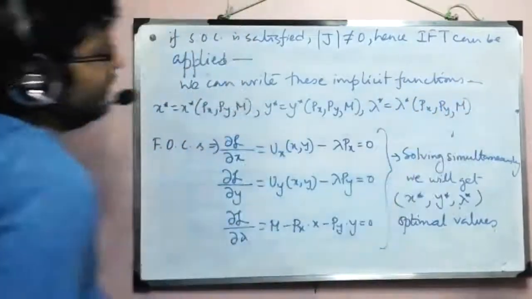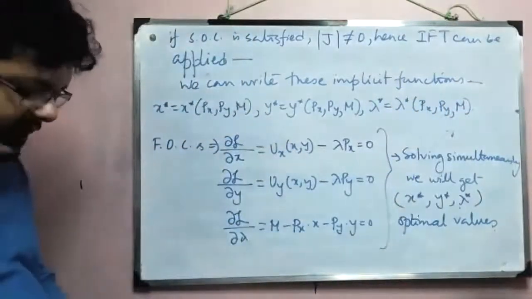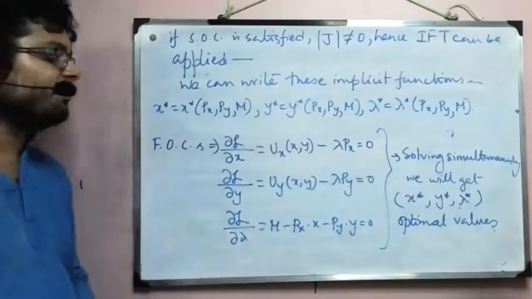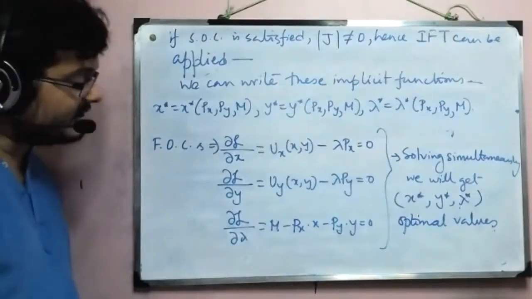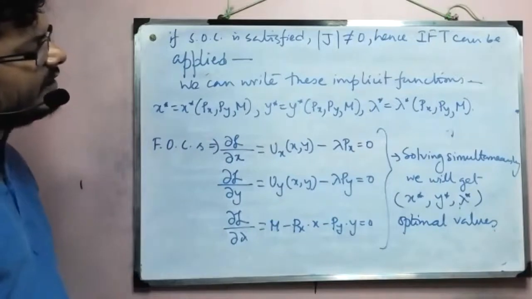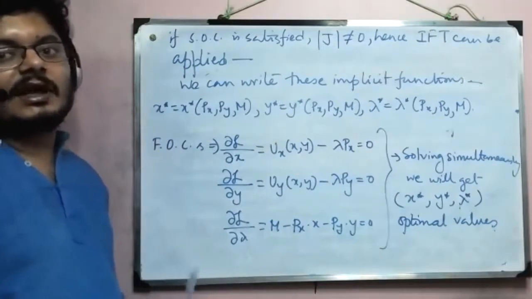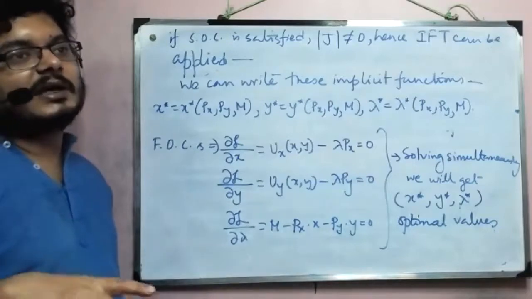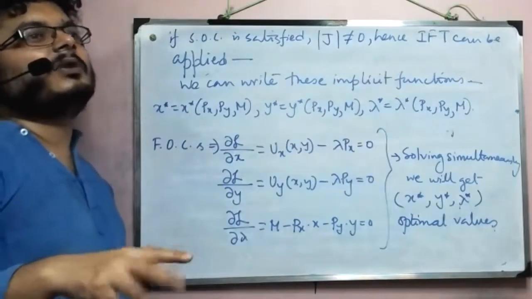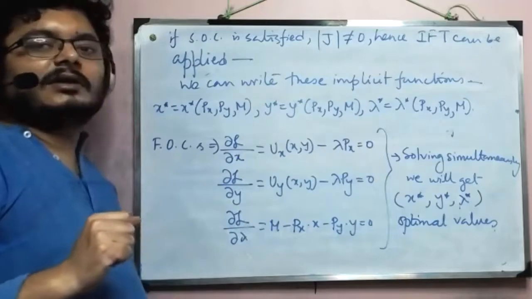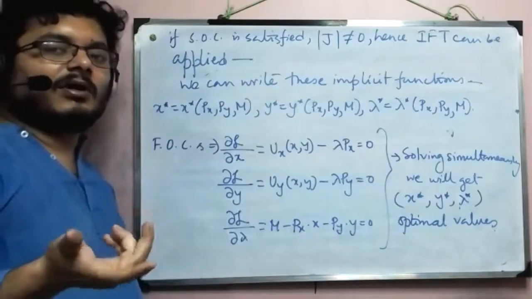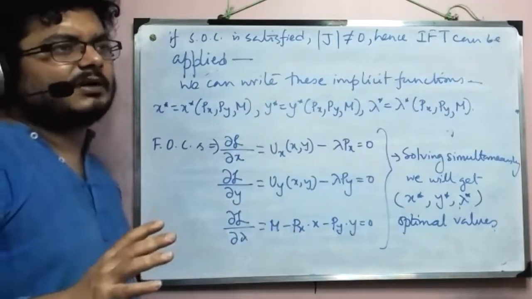Now remember one thing, the whole derivation that we are going to execute is done at optimum. Why? Because comparative statics means that we are comparing essentially two equilibriums given a change in one or all of the parameters. So that's our job here.